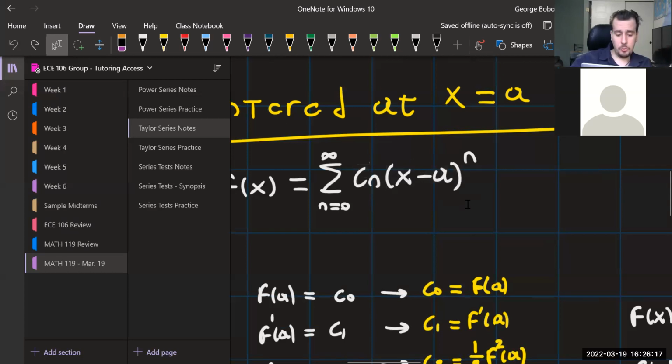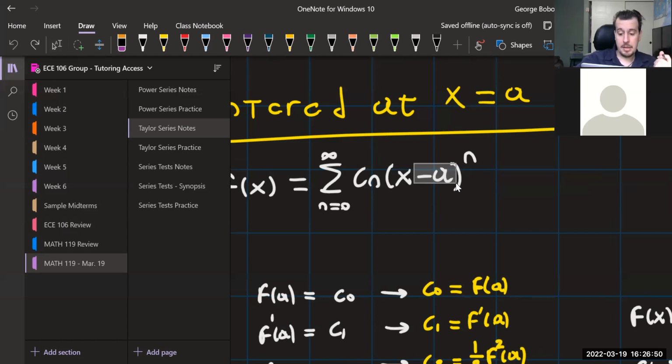So again, a Taylor series is just a fancy power series. That's all there is to it, okay? And this guy controls where you center the power series. It's like transformations for functions from back in like grade 10. When you removed a constant from your function, it corresponded to a horizontal shift to the right.